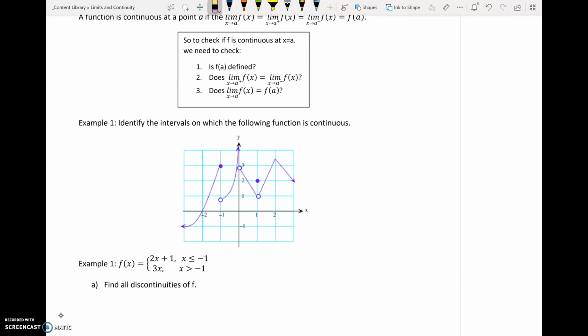The first thing we're going to look at is a graph, and we're going to see where it's continuous. As a general rule, you can find your continuity if you can draw a smooth curve without lifting your pencil.